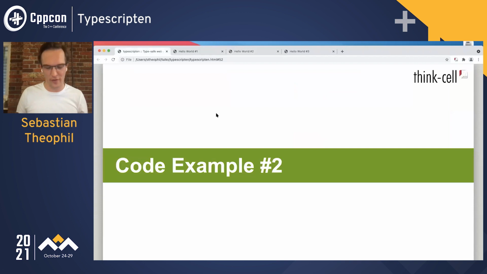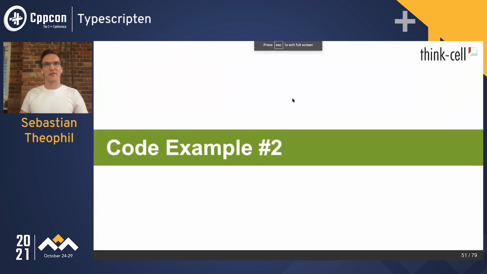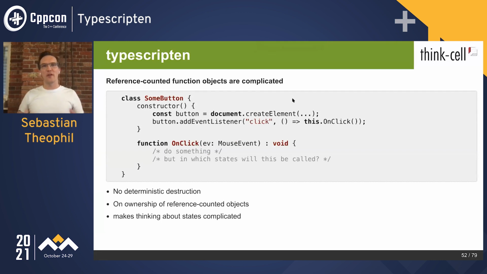What should have happened? What would I like to tell you now? So in JavaScript functions, and in TypeScript by consequence, function objects are reference counted objects. They are objects like all the other objects. So we can pass them as callbacks to our event listener.